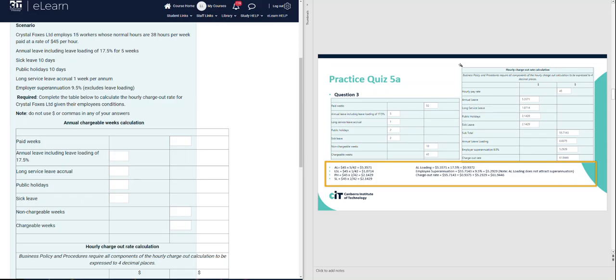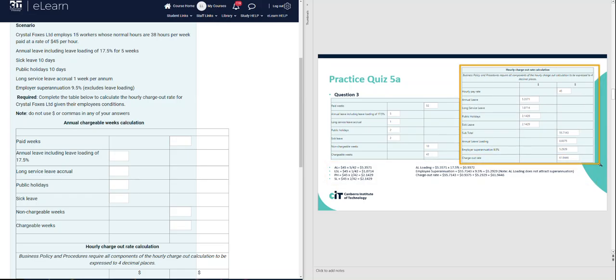That's largely relevant to the charge out rate, but I want you to refer back to the notes and understand how we come up with the numbers. If there's any question, please come back to me and we will have a chat.